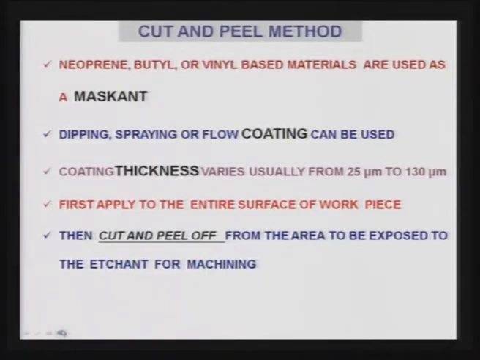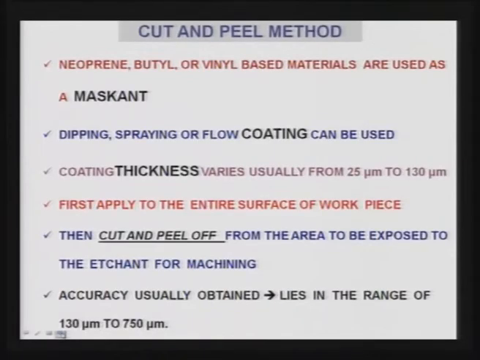Then cut and peel off from the area to be exposed to the agent for machining, and that I have shown to you in the earlier slides also, peel off the maskant from the area from where you want the material to be removed. The rest of the area or faces should remain masked, so that no chemical reaction takes place with the agent. Accuracy usually obtained lies in the range of 130 micron to 750 micron.